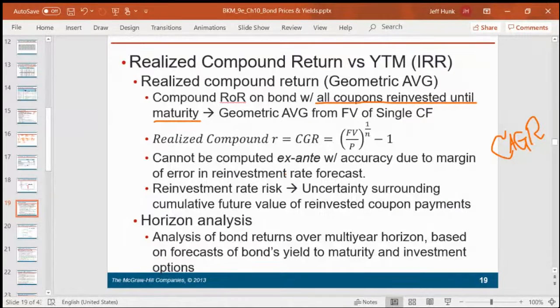So think about it. If all the coupon payments are being reinvested in the same bond all over again, then it becomes exactly compounded growth rate, right?